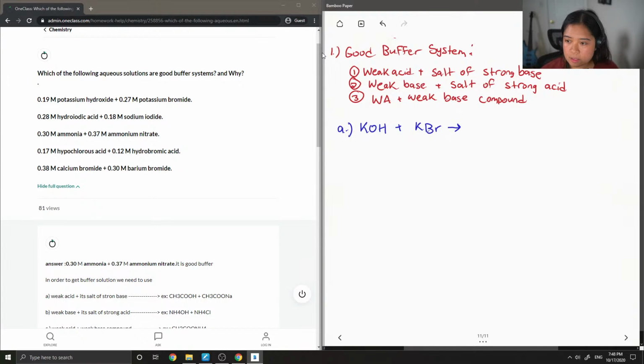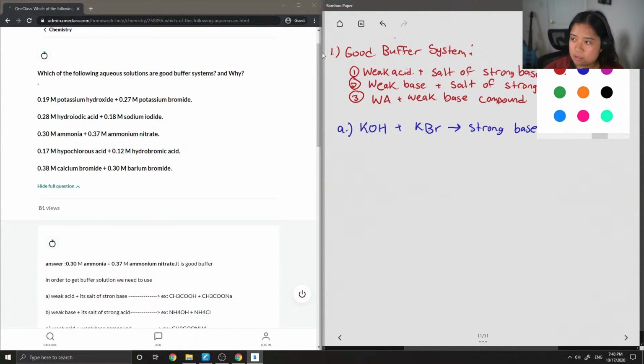Potassium hydroxide is a strong base, but KBr is also a strong salt. So both potassium and bromide are considered strong. Therefore this would not be considered a good buffer system.